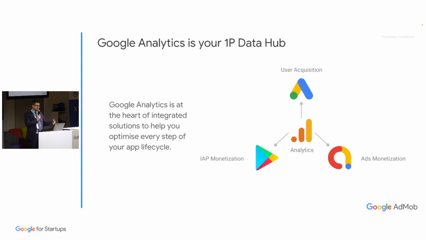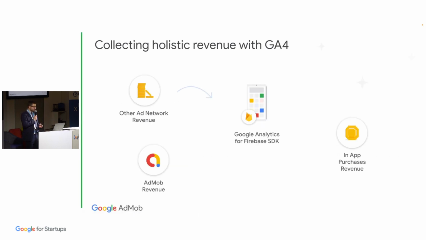Only when you are able to collect all of this holistic information from your different verticals: monetization, user acquisition, in-app monetization, only then do you have the holistic approach, and only then can you get the most insights out of it. So let's take a closer look at those integrations in detail.